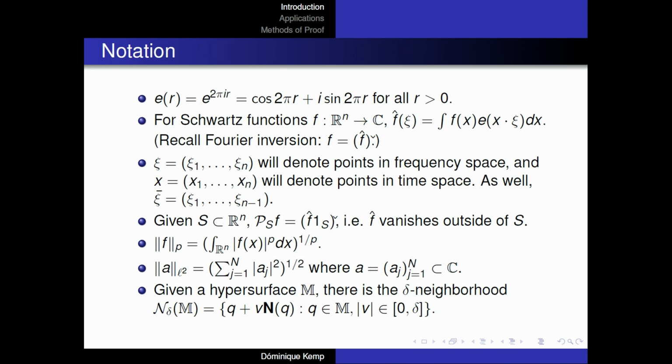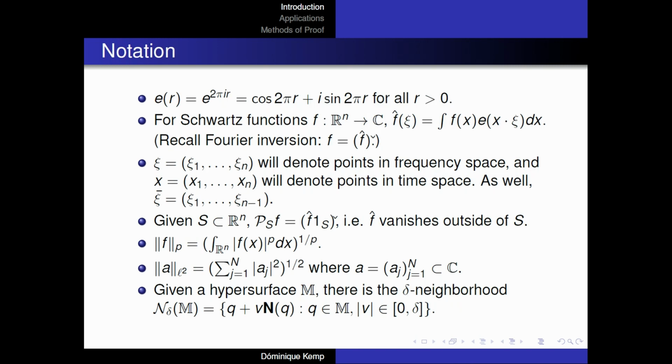Notice that a Fourier transform is applied to f, and then you project the Fourier transform so that the support is now the subset S, and then you transform back. So in particular, f hat, the Fourier transform of f, vanishes outside of the subset S.